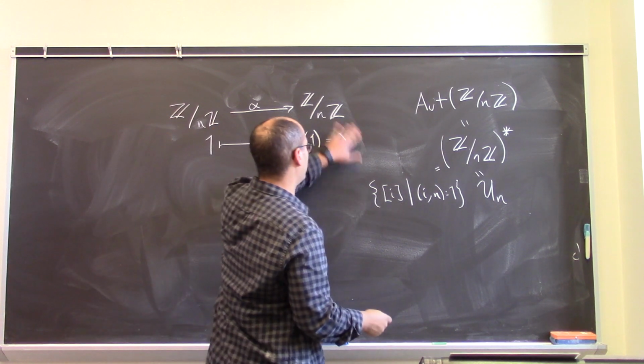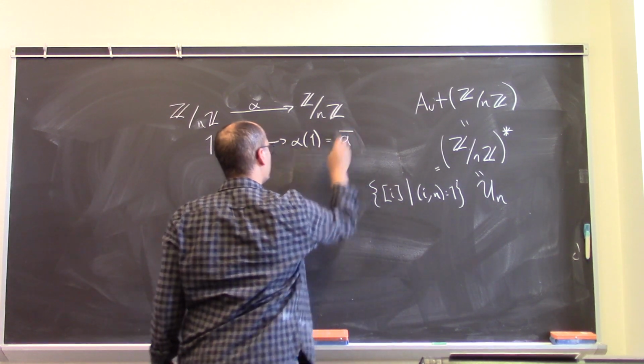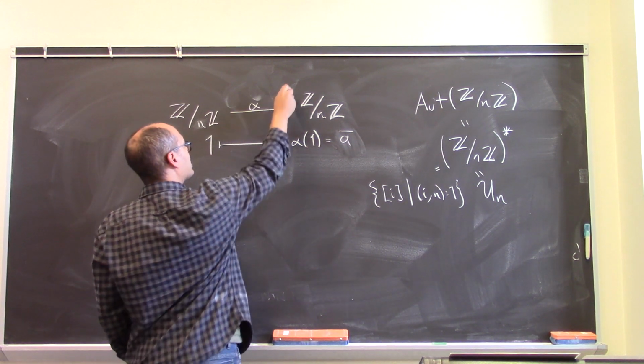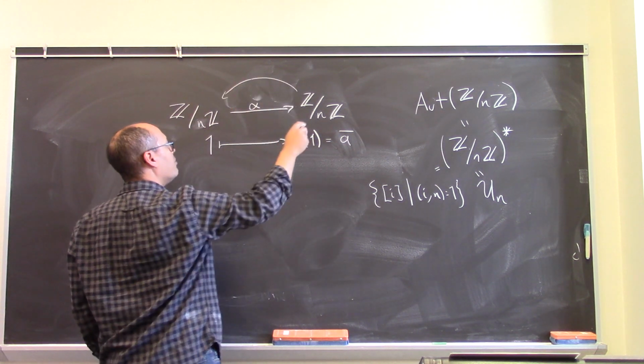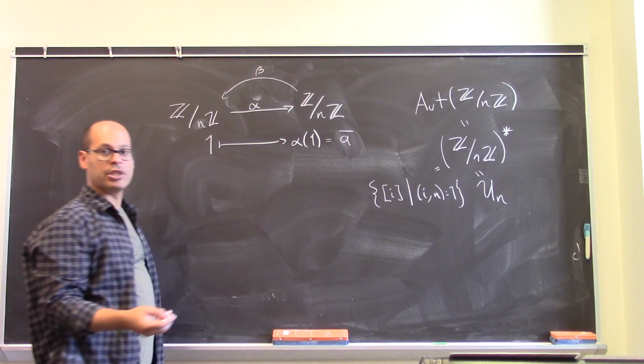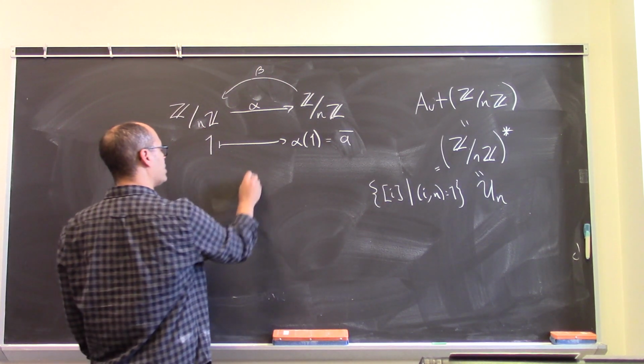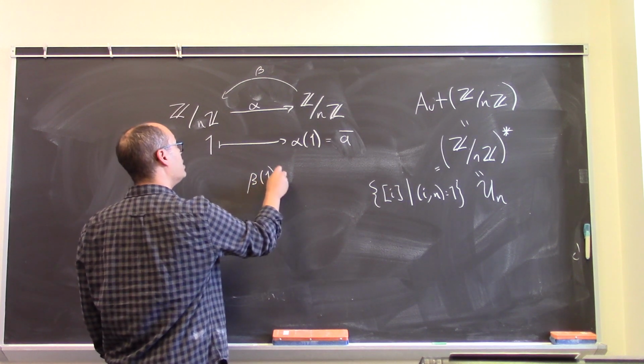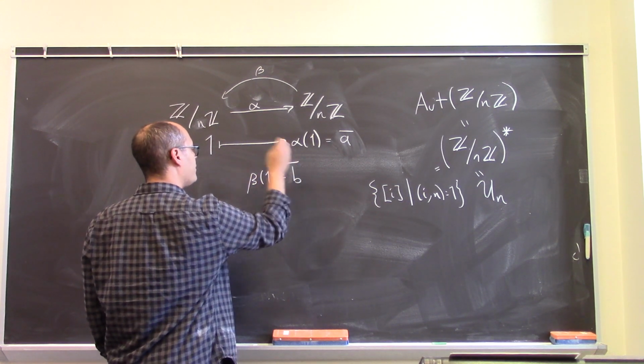I'll write that as a bar, let's say. And of course, this map has to have an inverse map as well. If it's an automorphism, let's say beta, beta is also determined by where it takes 1. So let's just say beta of 1 is some element, the class of b.